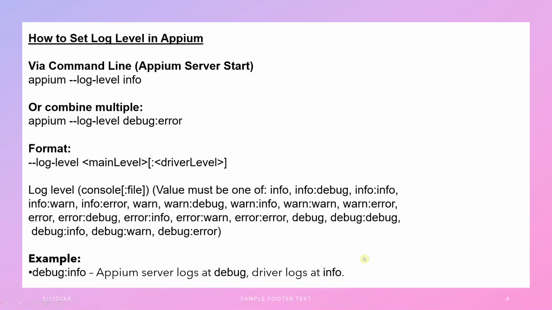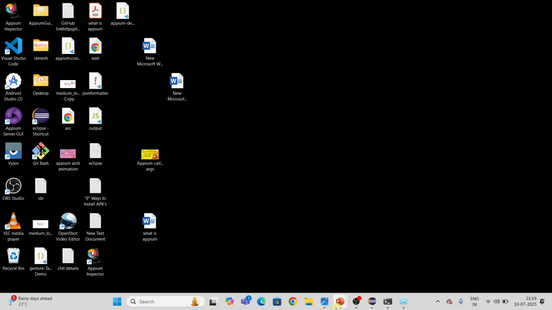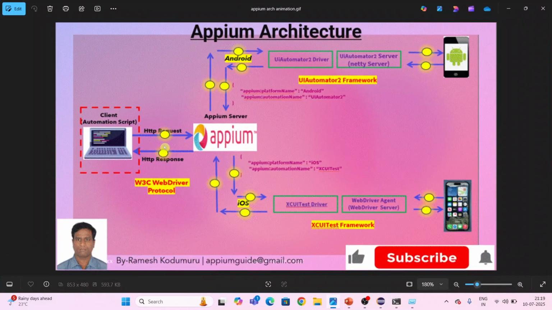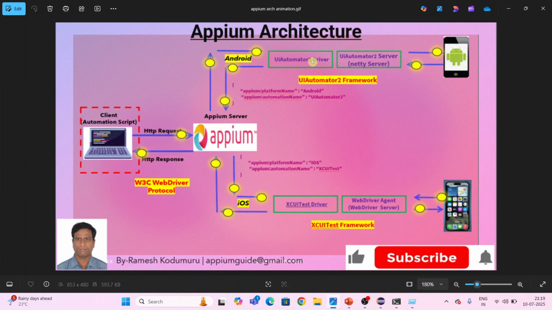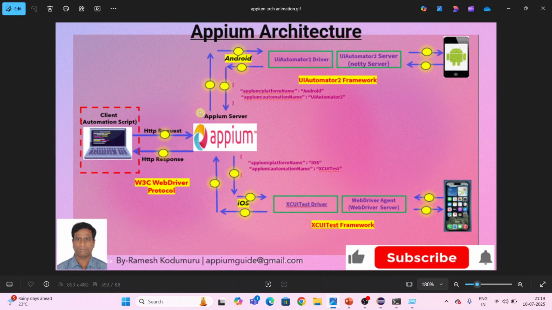If I mention just info or debug directly, it is uniform for the server and the driver, so the logs generated by the Appium server and the driver are both at the same level. Suppose for the server I want info and for the driver I want debug, then how do I use it? info colon debug.